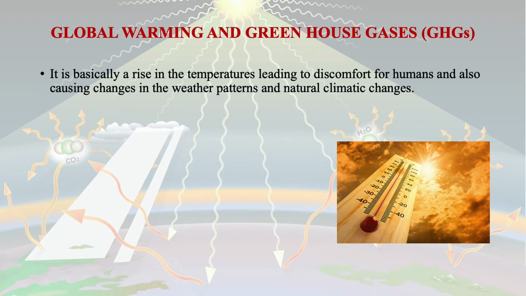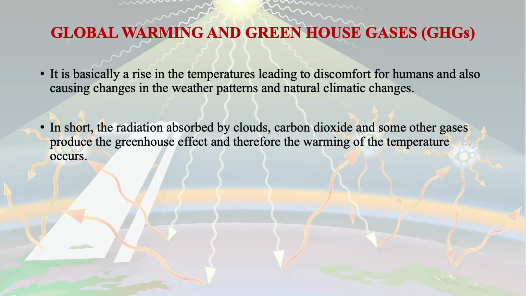Next, let us further understand the impacts of global warming. It is basically the rise in temperatures leading to discomfort for humans and also causing changes in the weather patterns and natural climate changes.